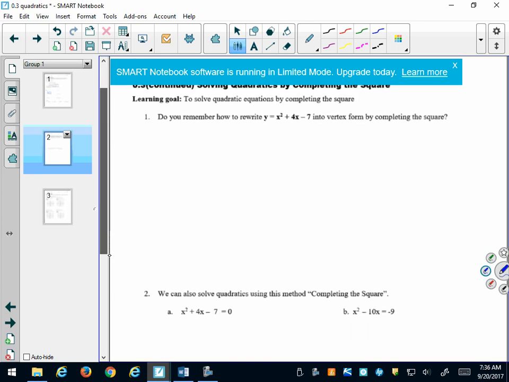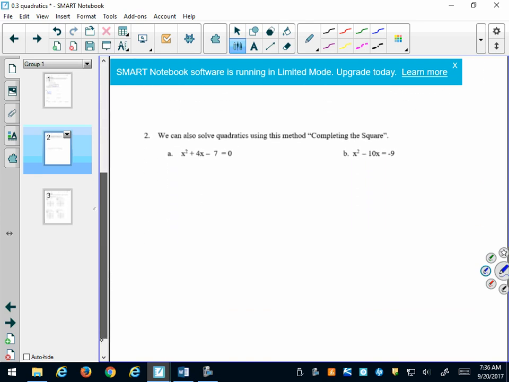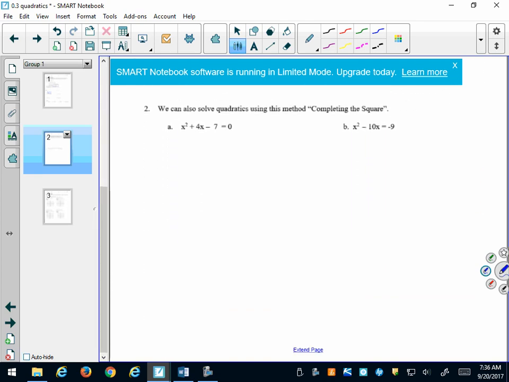We talked about completing the square. So completing the square for solving a quadratic sometimes is easier than the quadratic formula. So if you can factor something, go ahead and factor it. That's the easiest, right?